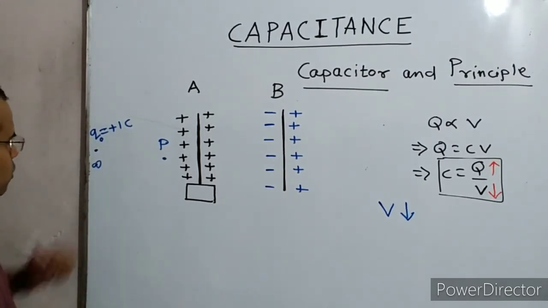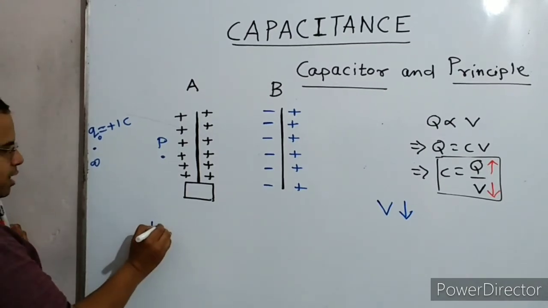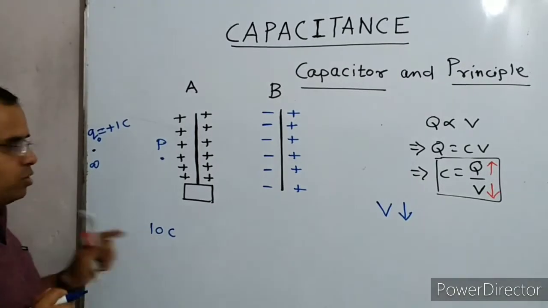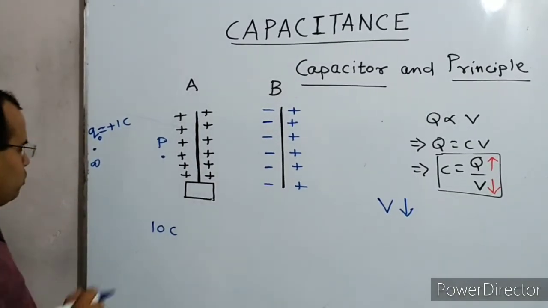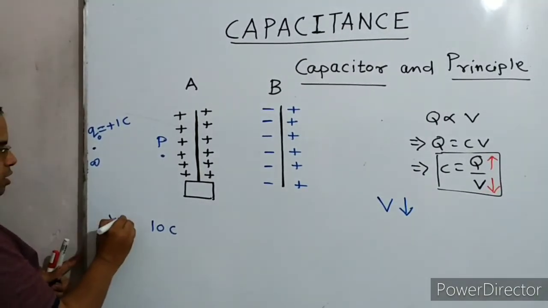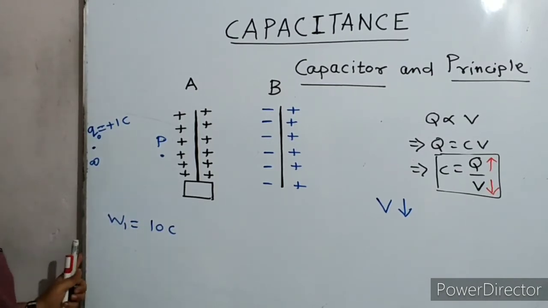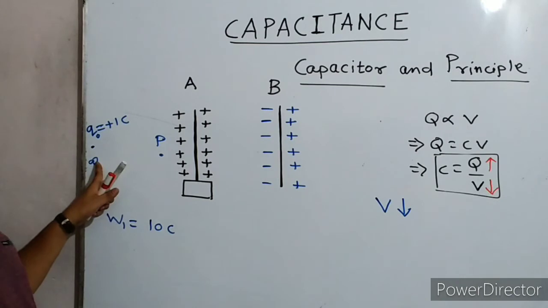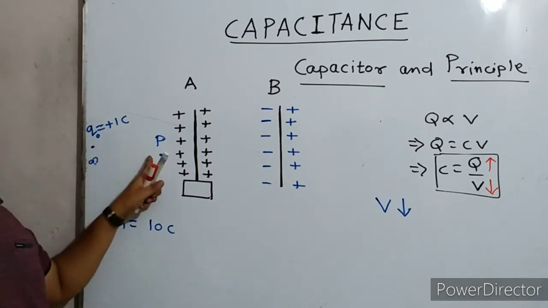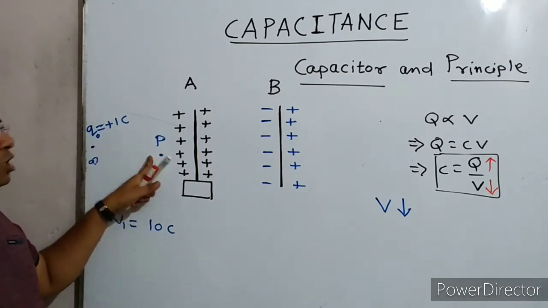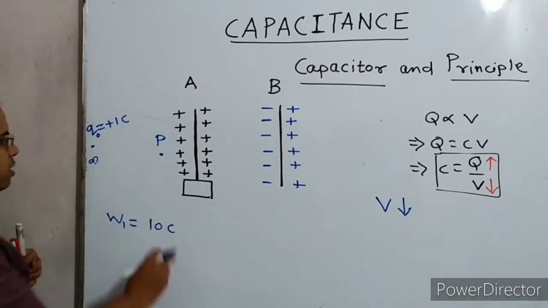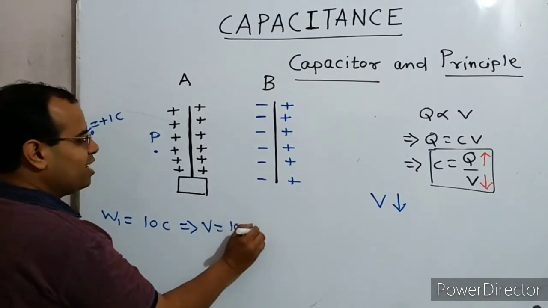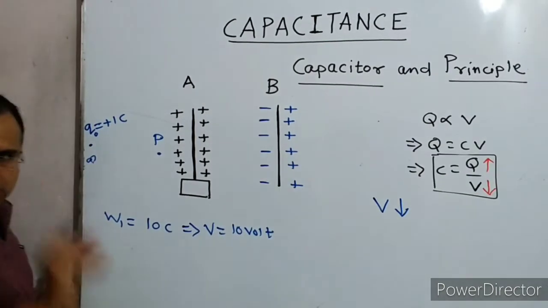Say this work, work 1, was 10 joule. The amount of work done in bringing a unit positive charge from infinity to a point is what the potential is. So the potential was, say, 10 volt.